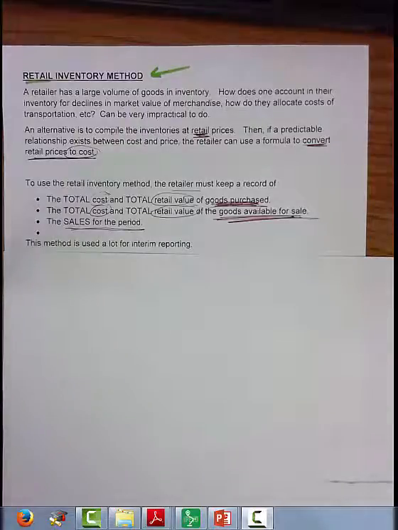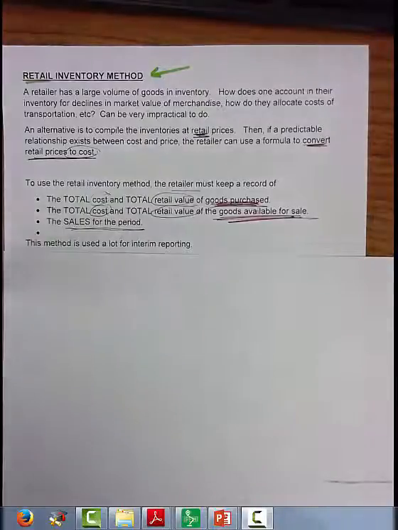That doesn't mean retailers never make physical counts, because different things can happen to inventory in regards to damage or theft. But for interim reporting, you can give a value of ending inventory without doing a complete physical count each quarter.